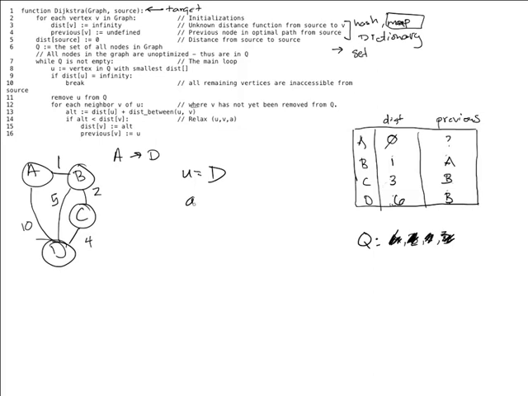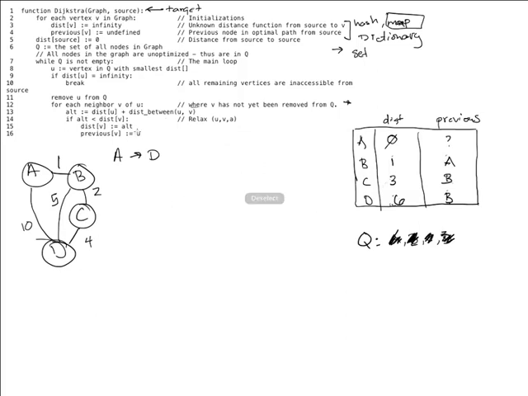Okay, so now we get alt, distance of U. So the distance for U, so U is D, alt is going to be 6, plus the distance between U and V. Well, so actually, our caveat right here is we never get into this loop. Sorry. I just explained that, and then I continue on working.